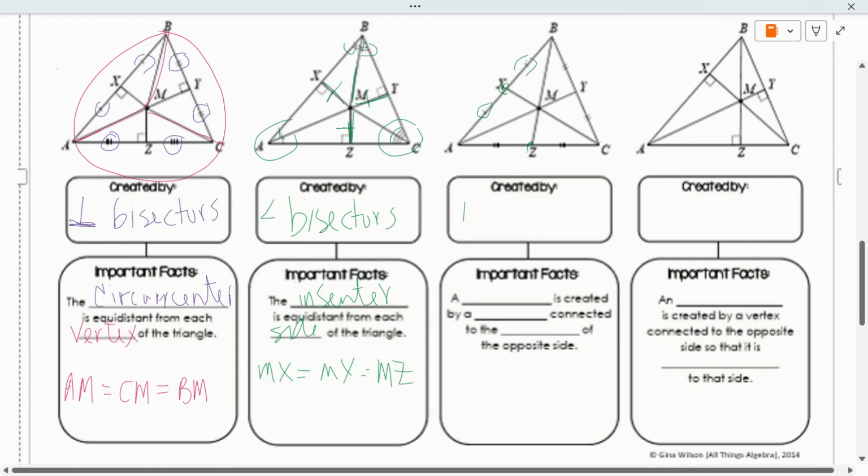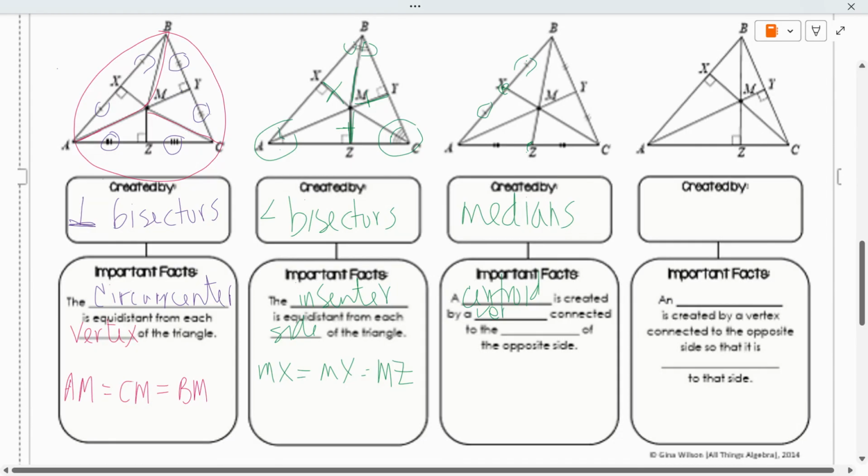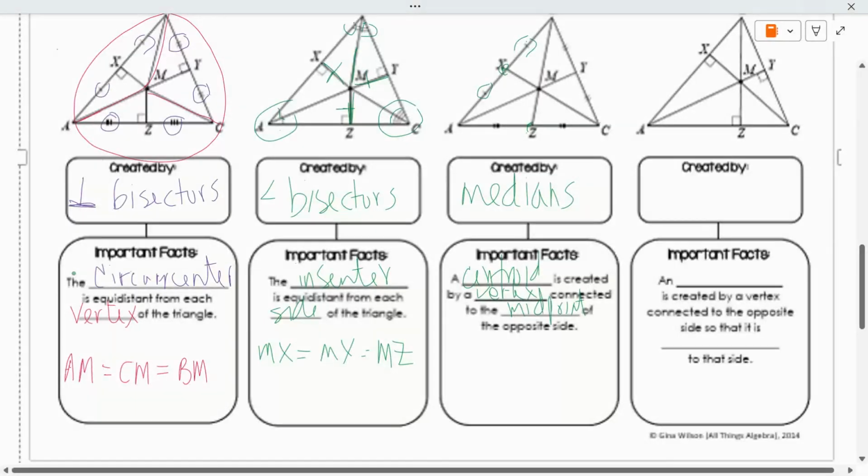So this is created by the medians of a triangle, and a centroid is created by a vertex that is connected to the midpoint of the opposite side.